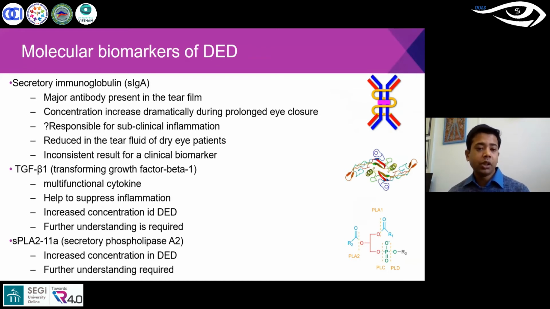Its concentration increases dramatically during prolonged eye closure, like overnight sleeping. We're not sure if it's responsible for subclinical inflammation, maybe just inconclusive. And it's reduced in tear fluid for dry eye patients. It doesn't really correlate very well. The results are not very consistent, so it's not a good candidate for now, at least.